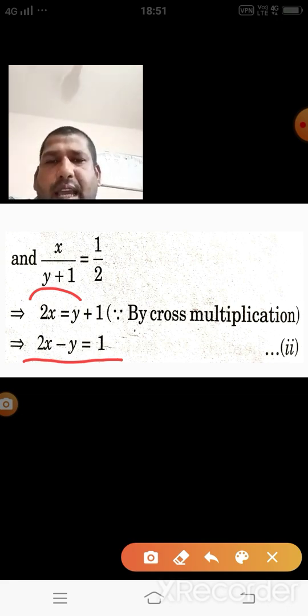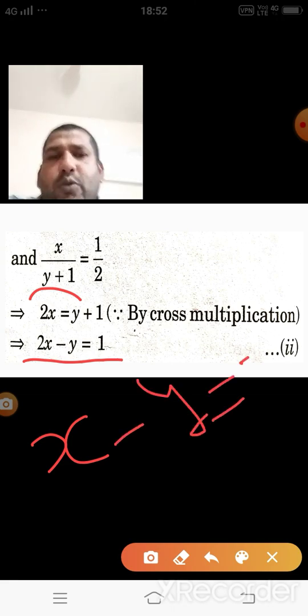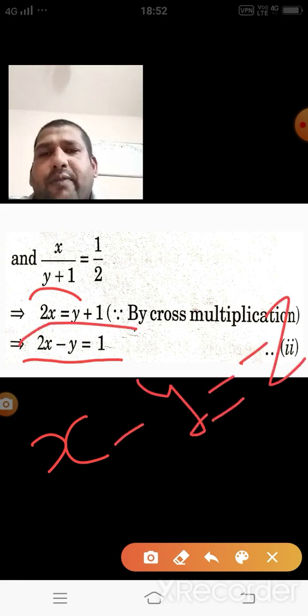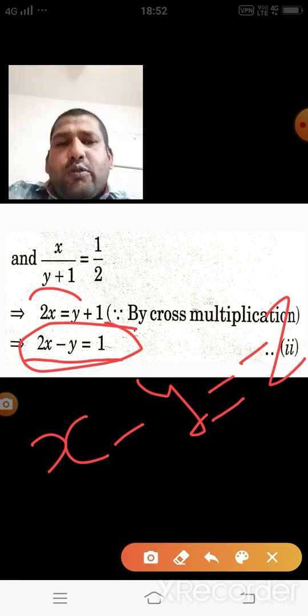The first equation we have is x minus y equal to minus 2, and the second equation we have is 2x minus y equal to 1. We have to solve these two equations by the elimination method, and on solving we get the values of x and y.